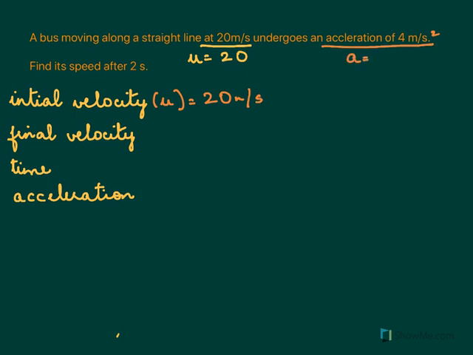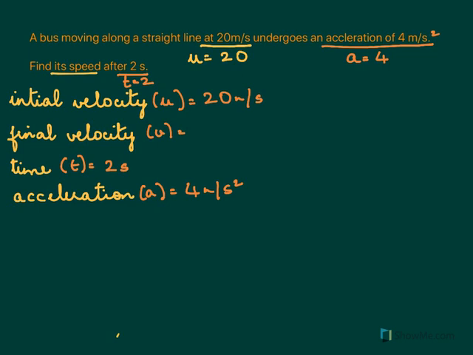Undergoes an acceleration of 4 meter per second square, so we put acceleration here 4 meter per second square. Find the speed after 2 seconds. So time is t, which is 2 seconds. We need to find the final velocity v.